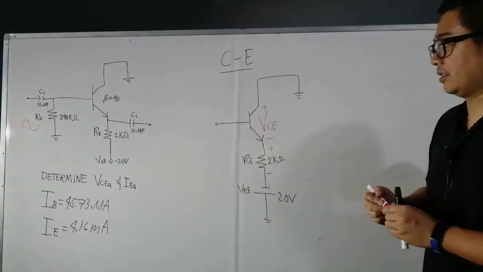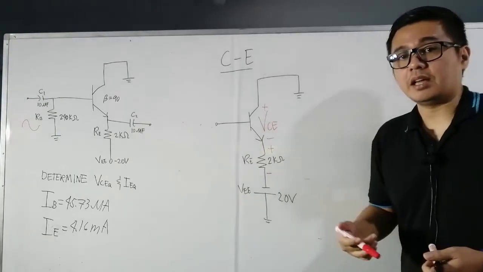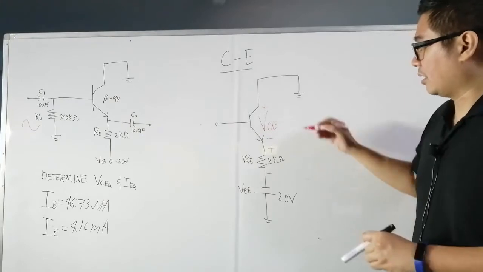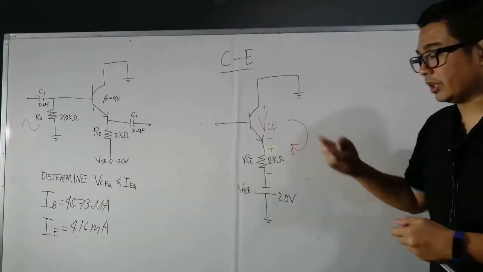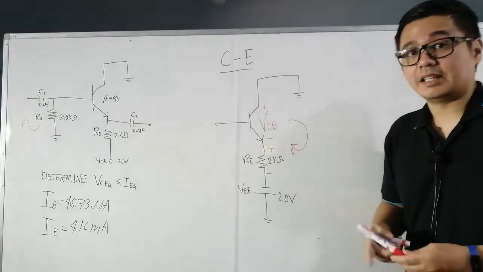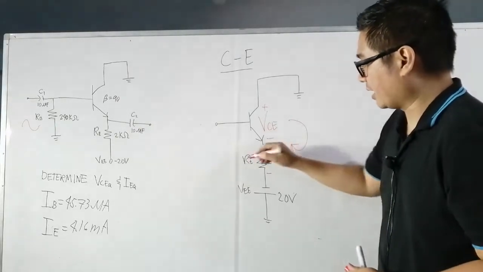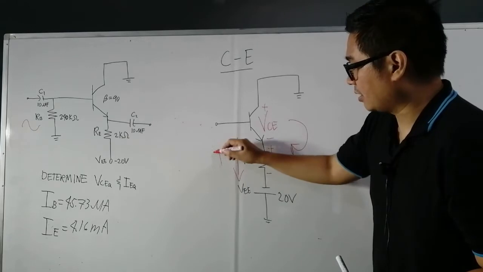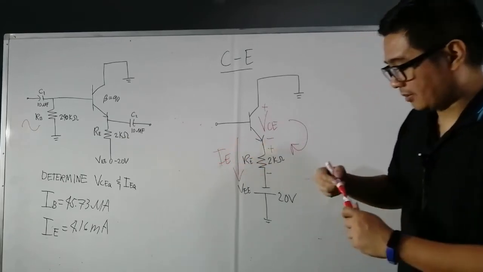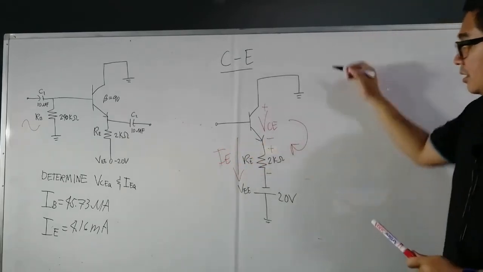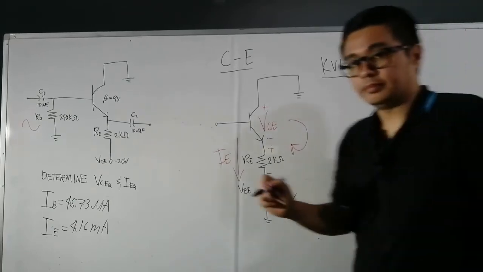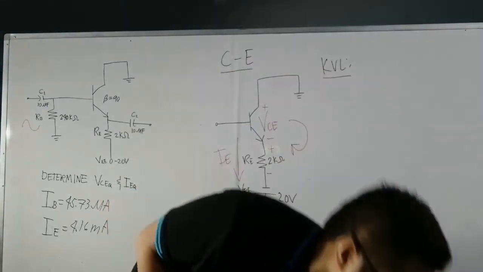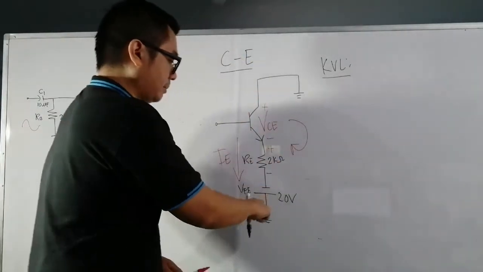Alright? Next, we can now write down the KVL equation. We can do it clockwise again. But what is the current that passes through RE? IE ang dumadaan sa kanya. So we can draw it here. This is IE. So let's write down the KVL equation. Papasok tayo dito.